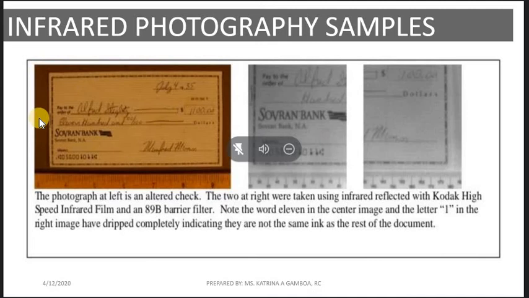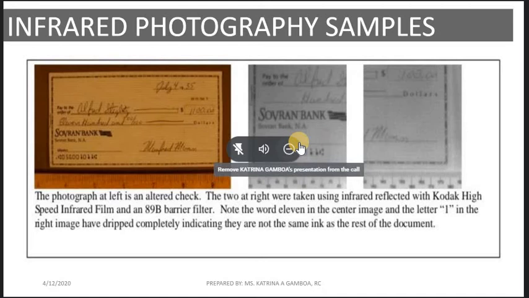Anong nakikita nyo dito sa buong cheque? 1100. Tama? Yes po, ma'am. Sa kabila po, 1100. Doon sa kabila, wala na yung isang 11. Tapos ito, 1,100. Pero dito ano siya? 100 lang. So, therefore, altered document ito. Ibig sabihin yung cheque niya, dinagdagan niya.